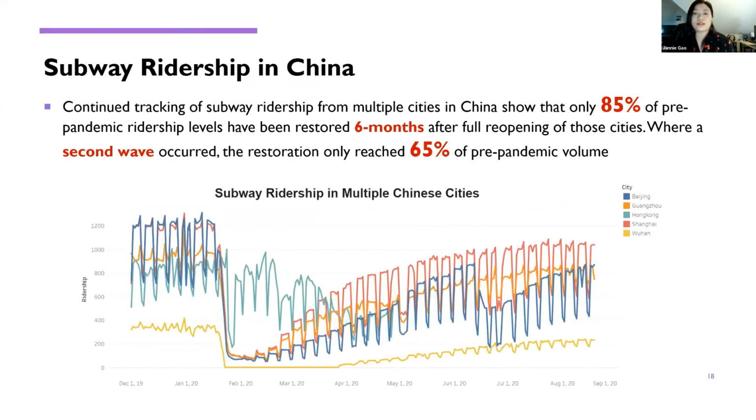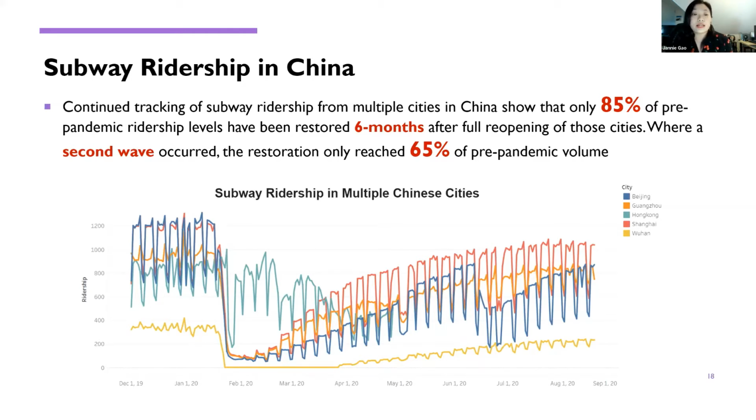And also, as I said, we have information from 6 cities in China. One interesting finding that we saw is that after 6 months of full reopening of those cities in China, only 85% of the pre-pandemic transit ridership was restored.